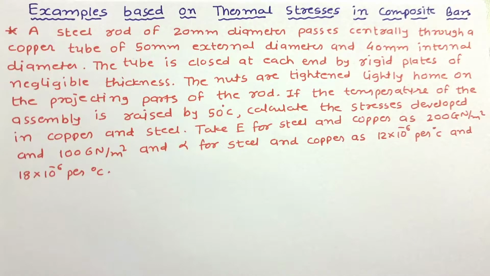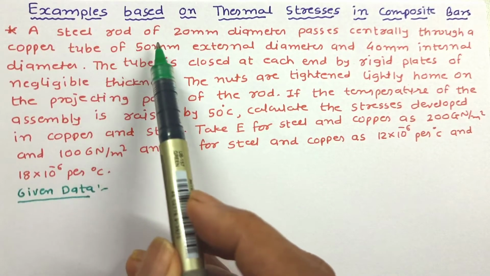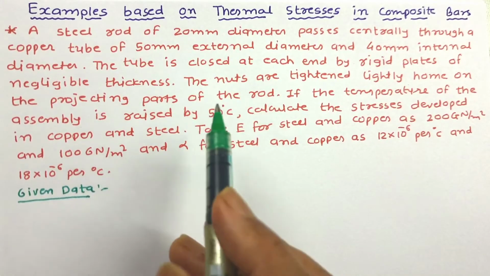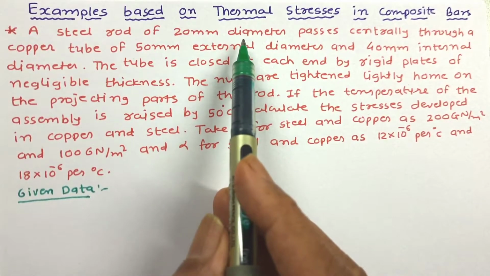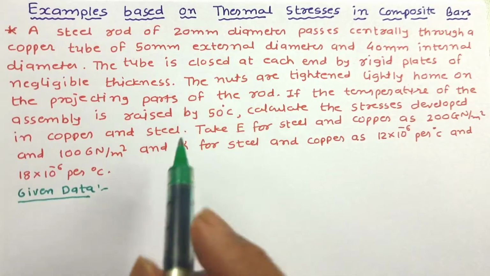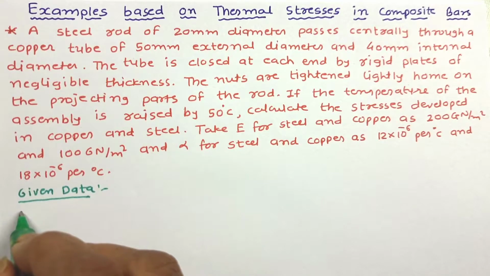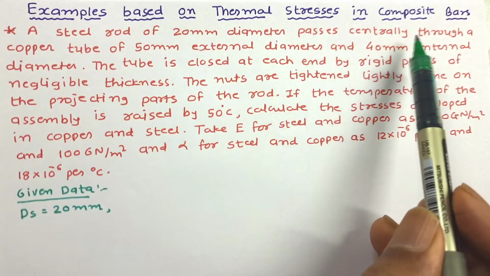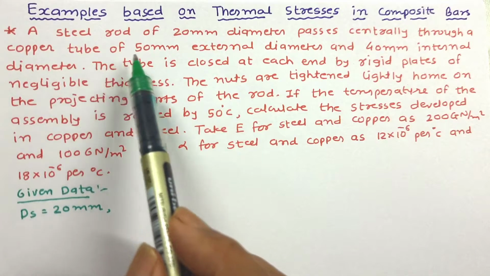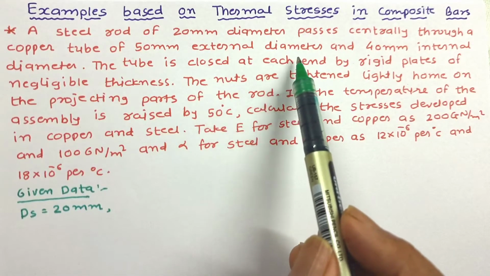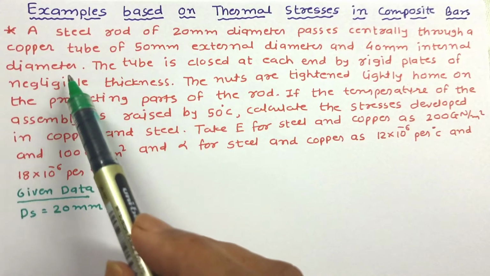First of all, we will read the data and write the given data simultaneously. A steel rod of 20 diameter passes centrally through a copper tube of 50 external diameter and 40 internal diameter.